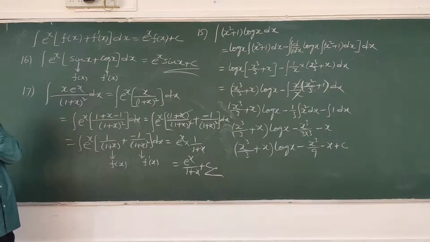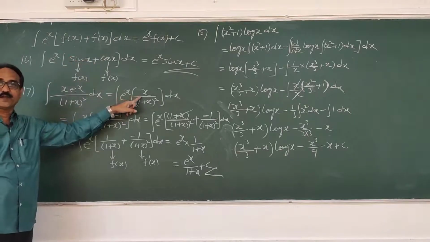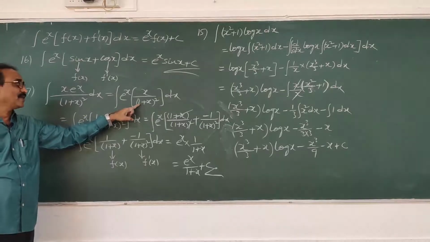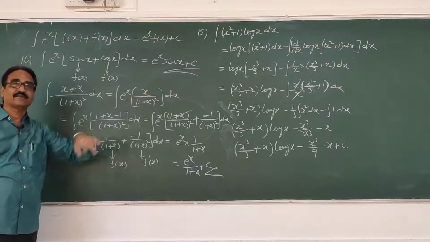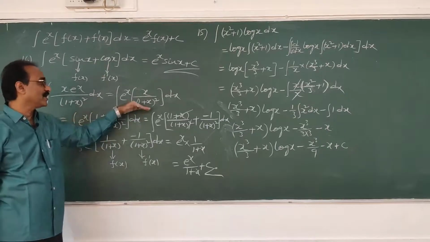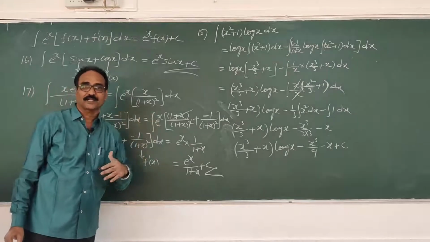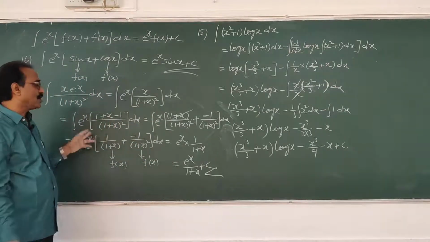So therefore here it is directly given, there it is not given, and we have to make the adjustment. That adjustment you have to do by seeing the denominator. Denominator 1 is there, so I added and subtracted 1. Suppose 2 is there, add 2, subtract 2, because the denominator helps you to cancel. So whatever the denominator is, in the numerator also you should get like that, meaning you should add and subtract. So the value won't change.